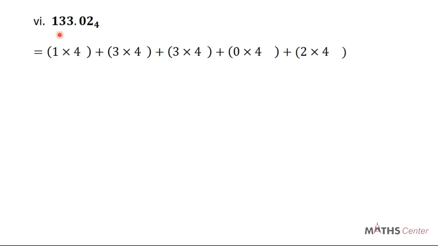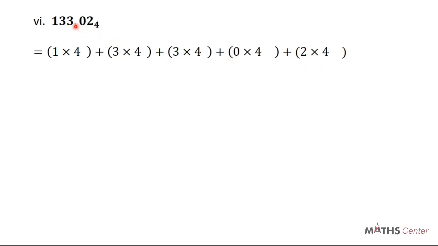Let's take another example. We have 133.02 base 4. So all that you need to do is to multiply each digit with the base. So you multiply 1 with the base, you multiply 3 with the base, you multiply 3 with the base again, you multiply 0 with the base, then you multiply 2 with the base.